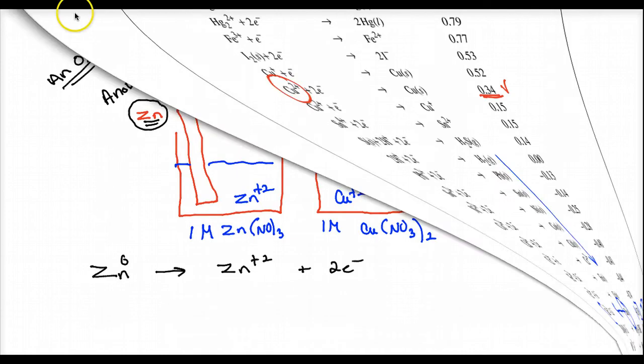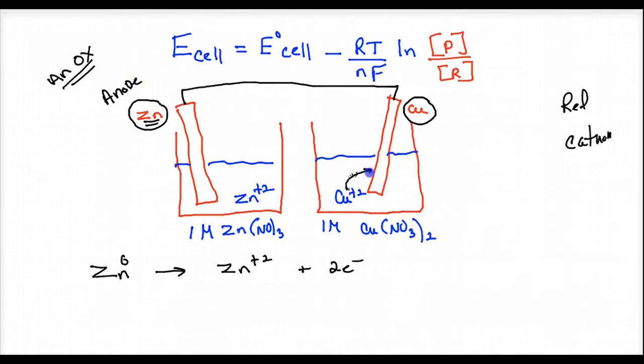And if you haven't recognized this, it plates on here. So this becomes pure copper right here. So copper plus 2 gains 2 electrons that supposedly are being conducted through the wire onto this plate, and it becomes copper 0.